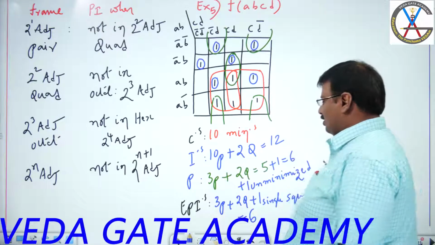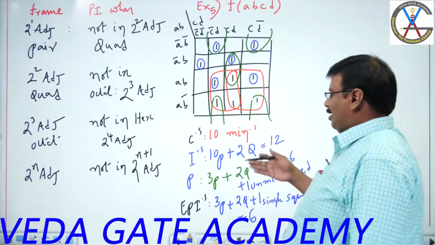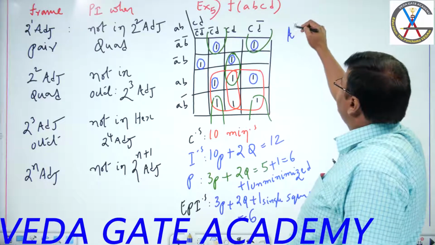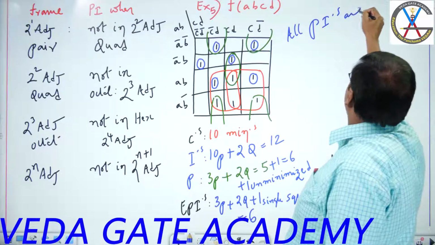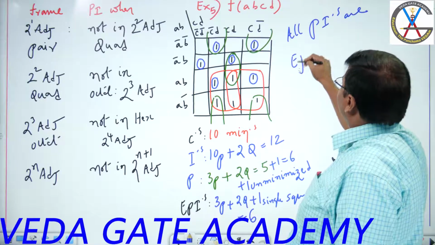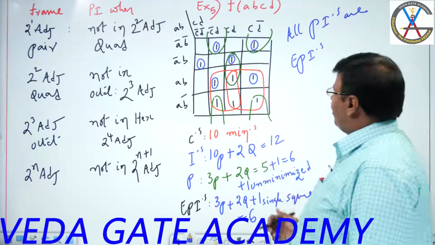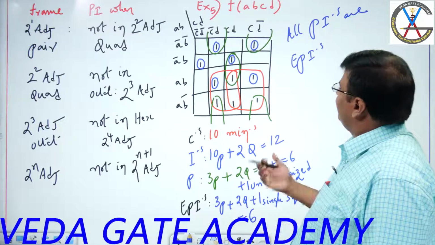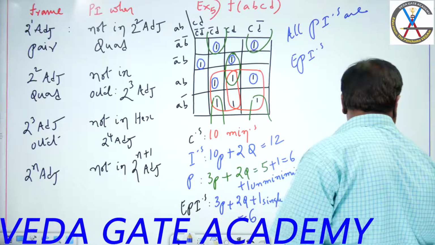Primes are 5 plus 1, 6. Essential primes are also 5 plus 1, 6. Can I say in this, all prime implicants are essential prime implicants? And note, all PIs are EPIs. All prime implicants are essential prime implicants. So in this example, and else to go, let me take example 6.